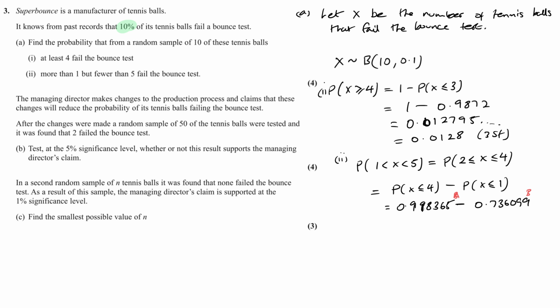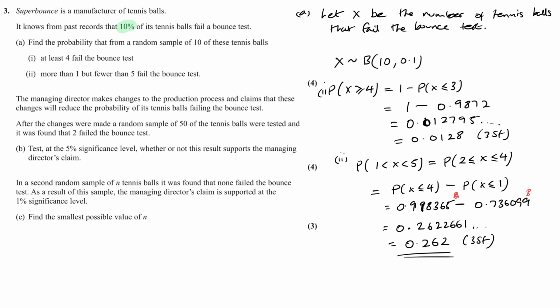So I just need to do alpha A times alpha B without having to write any of the big numbers back in, so I keep the full value in the calculator. 0.2622661 and so on, so this is 0.262 to 3 significant figures. It's always better to do a line where you give more of the values and then do your rounding, so you can't get anything wrong if you didn't round to a sufficient amount.